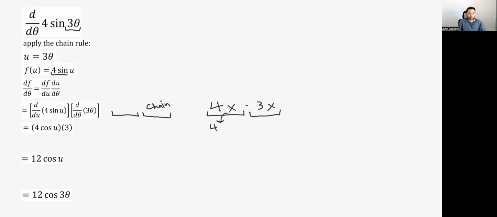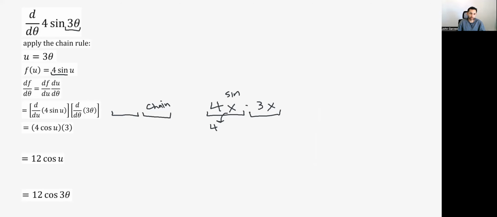So when we take the derivative of 4 sine, sine is replaced by x in our head, because we're just taking the derivative of sine. The 4 stays the same. The only thing you change is the x. What is the derivative of sine?